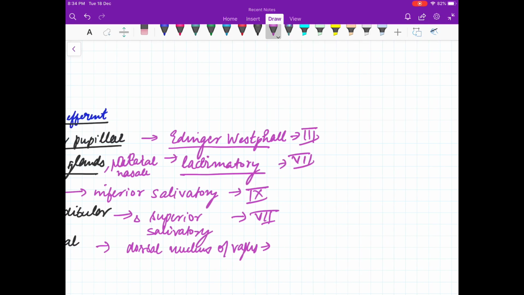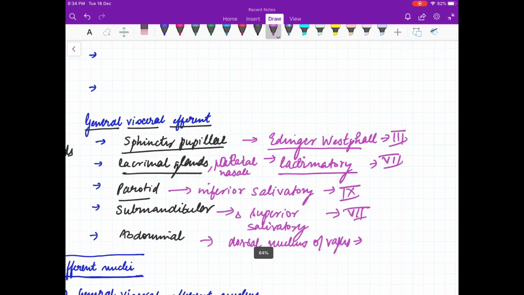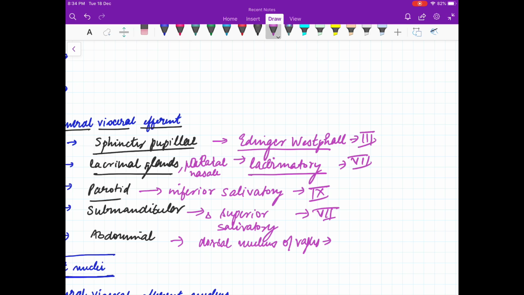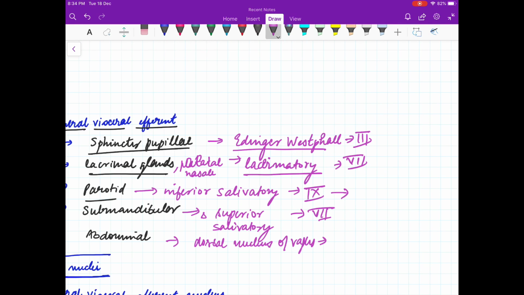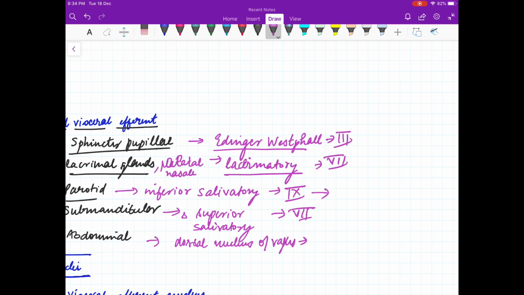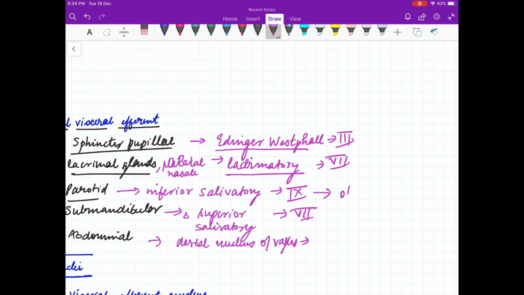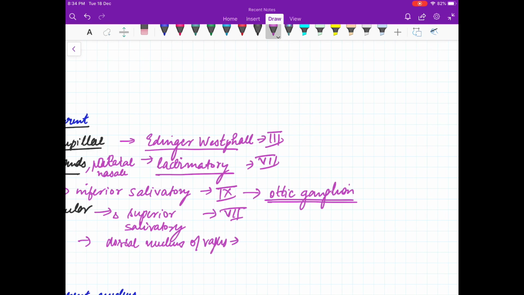So I will again tell you the ganglions which these nuclei form. Inferior salivatory nucleus goes to otic ganglion through lesser petrosal nerve, and otic ganglion lies on mandibular nerve, to be specific, auriculotemporal nerve.